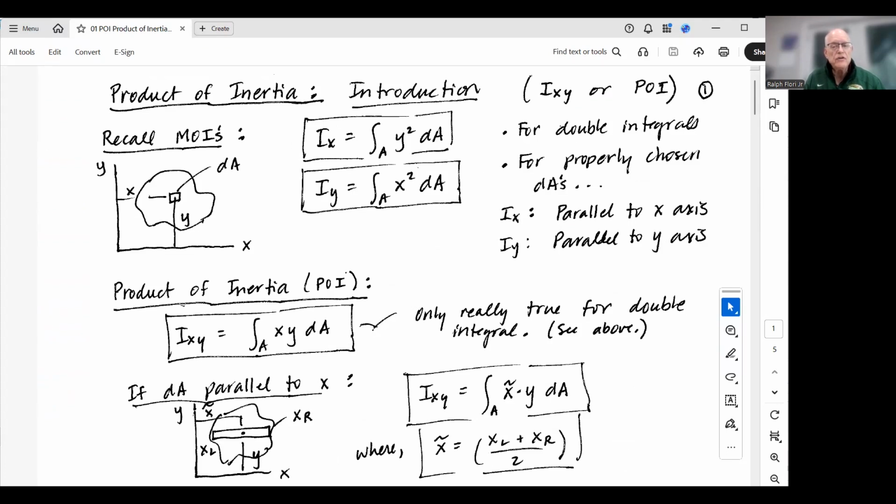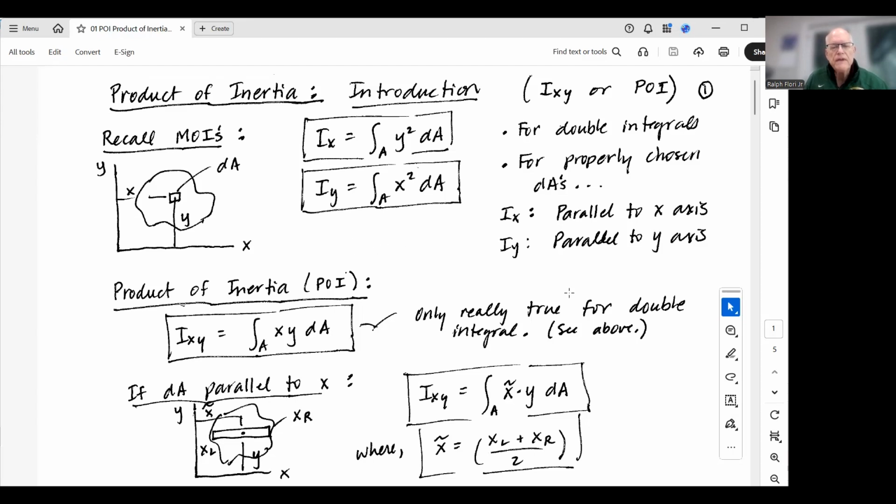I pointed out to you that you have to be careful with these definitions. These are true for double integrals, and they're true for properly chosen dAs. For example, a dA that's parallel to the x-axis for IX, and a dA that's parallel to the y-axis for IY. If you do those correctly, then the integrals are simple.